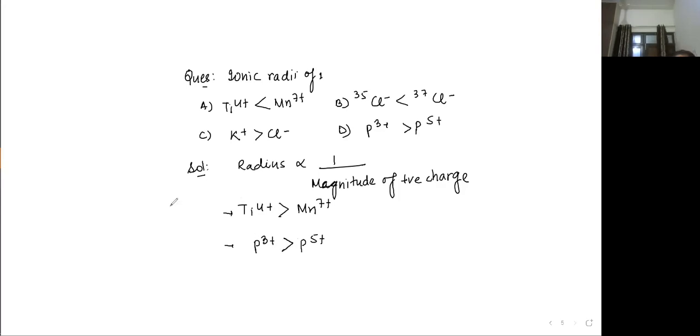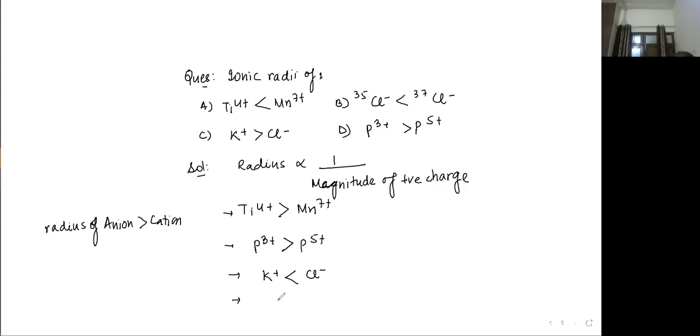P3+ radius will be greater than that of P5+. Between K+ and Cl-, which will have greater radius? Correct. Radius of an anion is always greater than that of the parent atom and greater than that of a cation. So the radius of the anion will be greater.